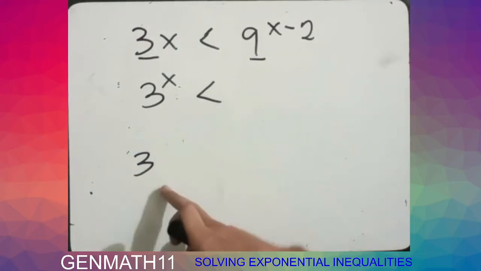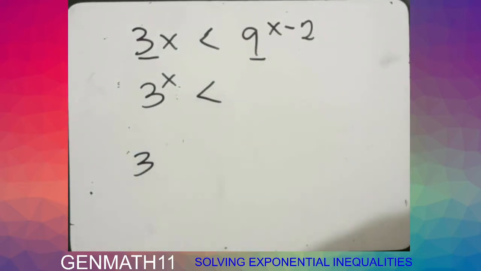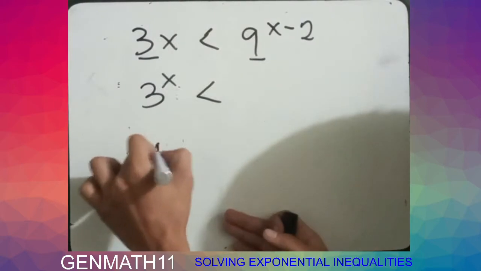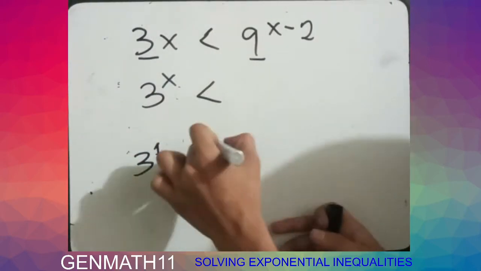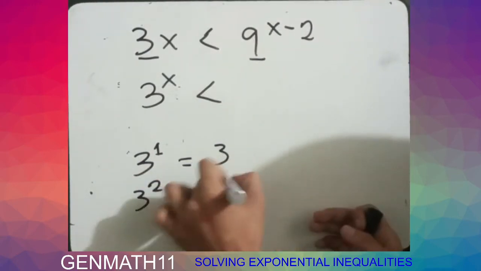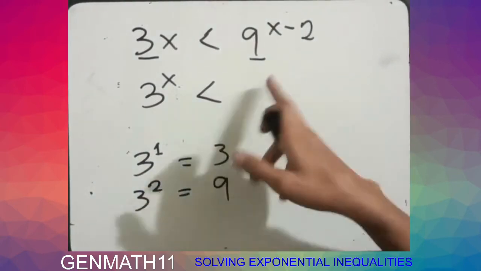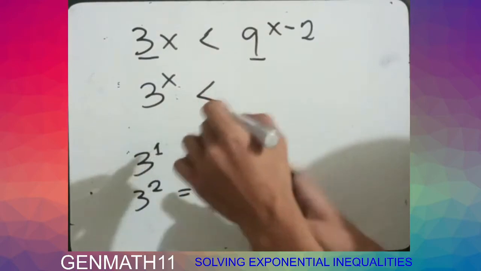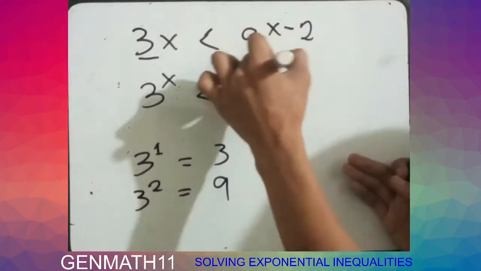Ano kaya exponent ng 3 para mapalabas natin si 9? Try natin si 1. 3 to the first power is 3. Next, 3 squared is equals to 9. Ibig sabihin yung exponent ng 3 natin dito sa 9 is 2. Got it?